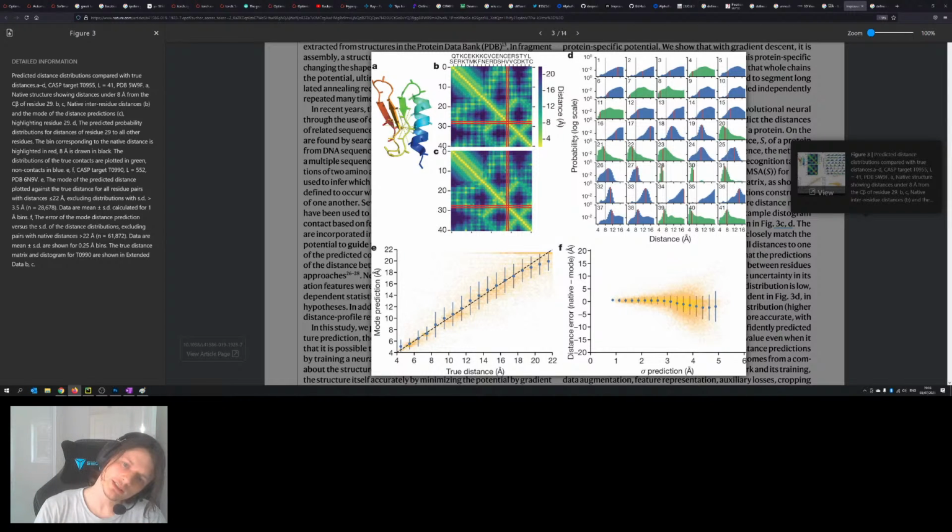The probability on a logarithmic scale, the distance of... let me just try and figure this out. 10 minus 2, 10.